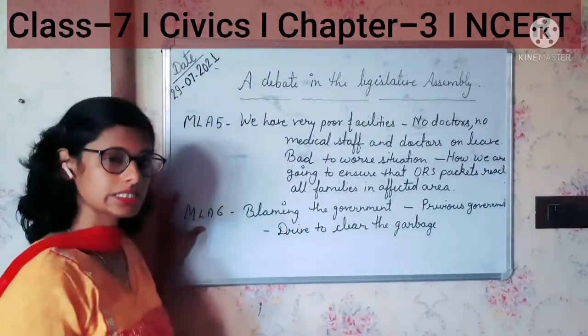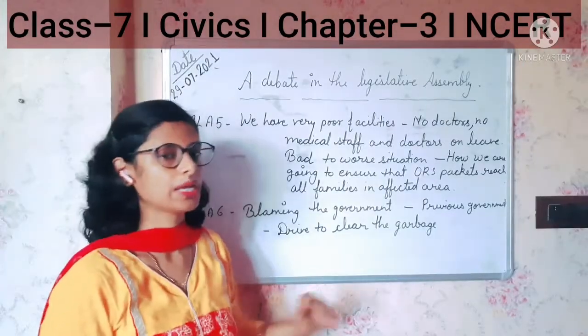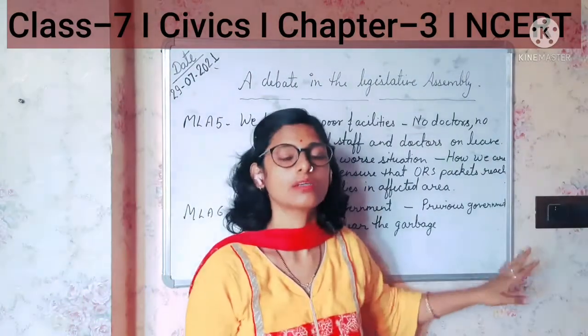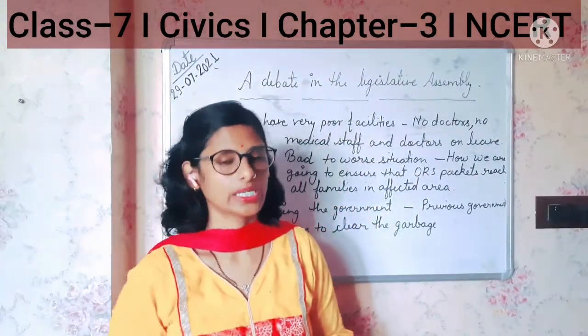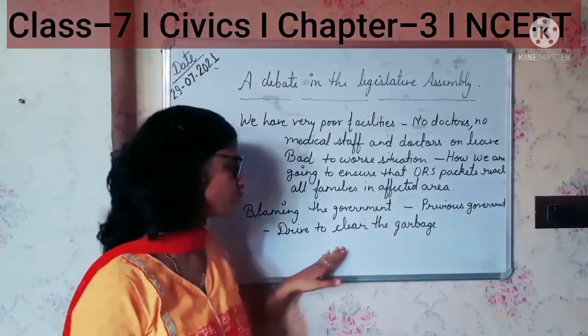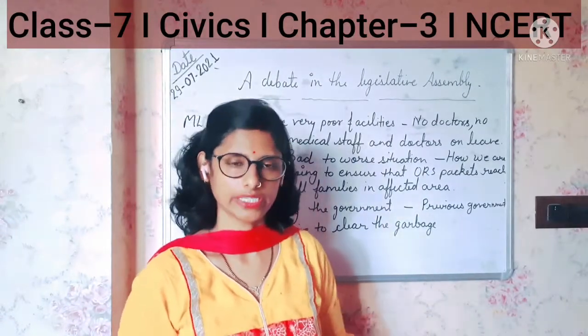The sixth MLA stood and said that the opposition party is blaming the government, as the previous government did not do anything and we are still driving to clear the garbage that has been there for years.